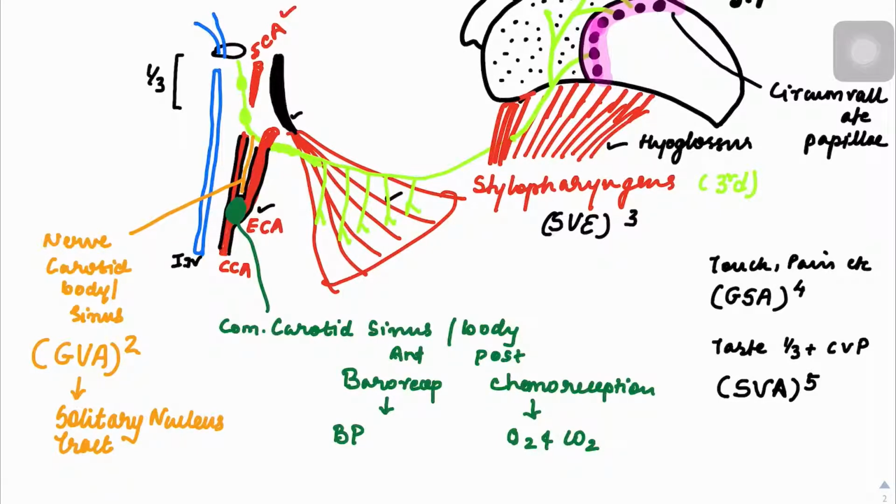So from the posterior one-third of the tongue, it takes two important sensations. One is general sensation, so we call it general somatic afferent. Not only from the posterior one-third of the tongue, but it also takes from the tonsillar region, part of the pharynx and uvula.